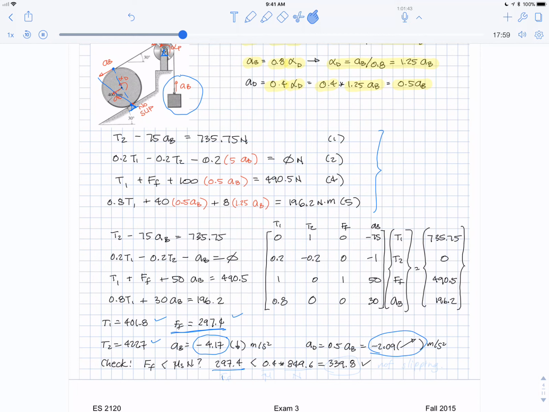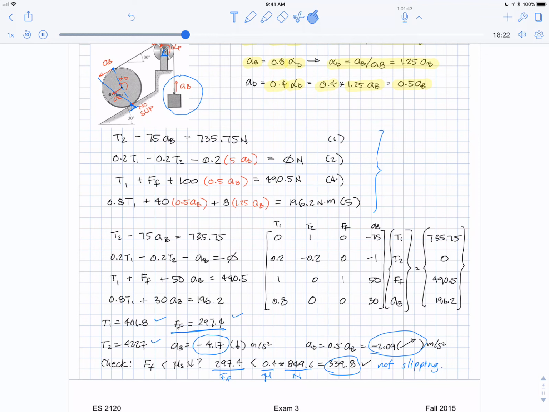Mu was 0.4, and way at the top we got the normal force was 850 newtons. You multiply that out, you get 340, which is greater than 297, so yes, it is not slipping. Otherwise, we'd have to start all over, and I don't want to do that.